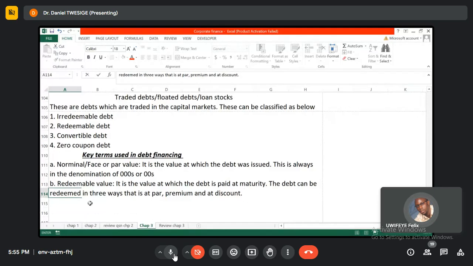Now, if we say that the debt is redeemed at par, or the debt will be redeemed at par to maturity, because sometimes the question says that, it means its face value is equal to the redeemable value.